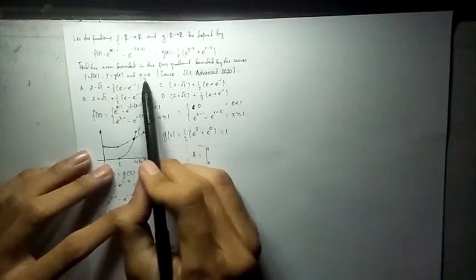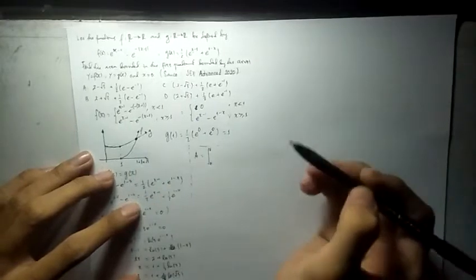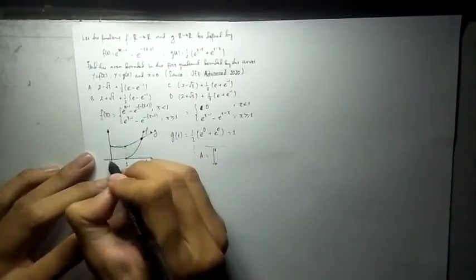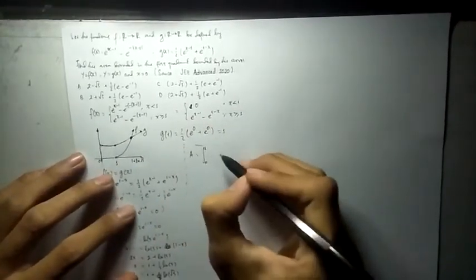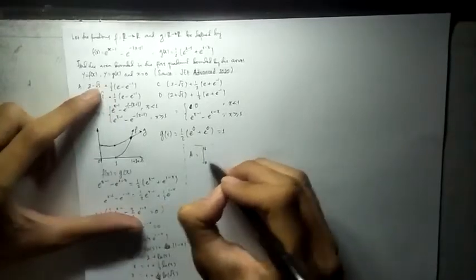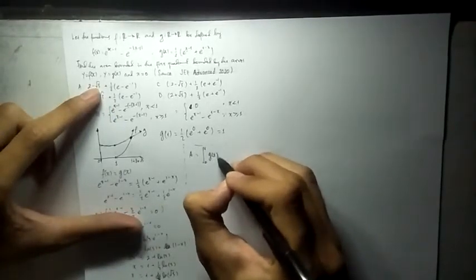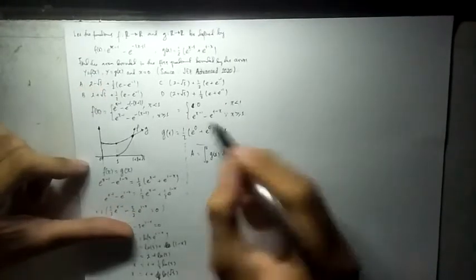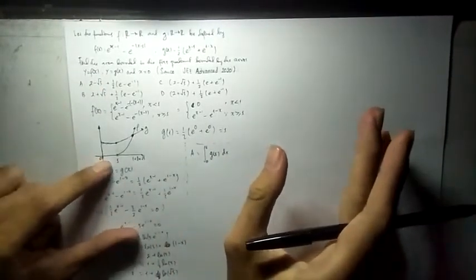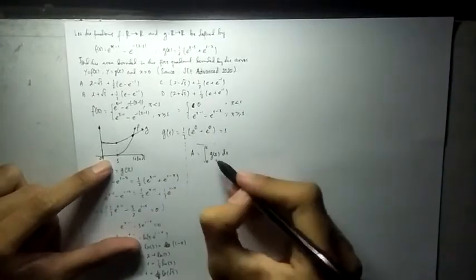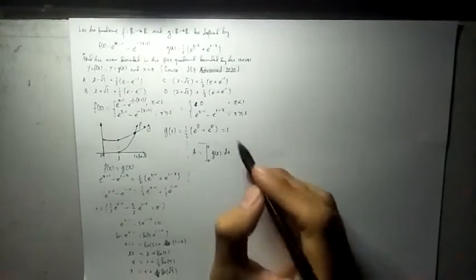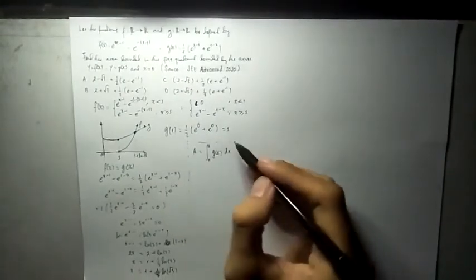From the equation, x equals 0 is actually just a vertical line at x equals 0, so we don't much care about that. We integrate from 0 to 1 of g(x), because f(x) equals 0, so g(x) minus 0 is just g(x), right?